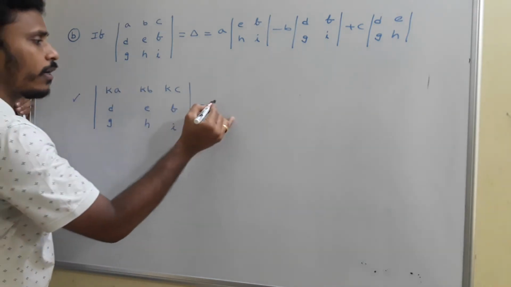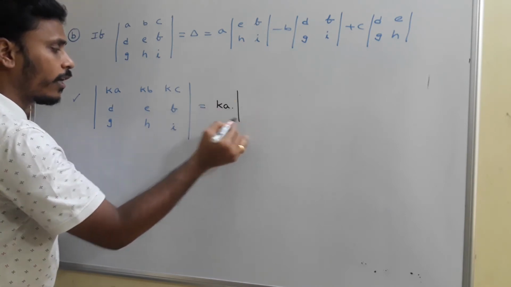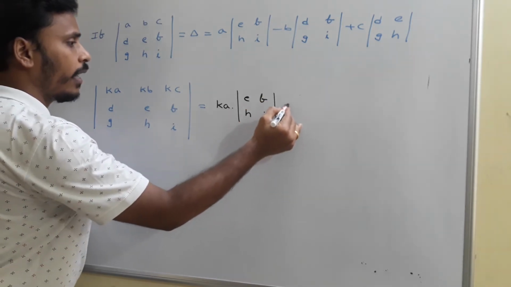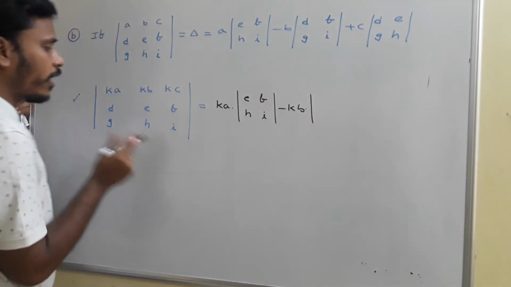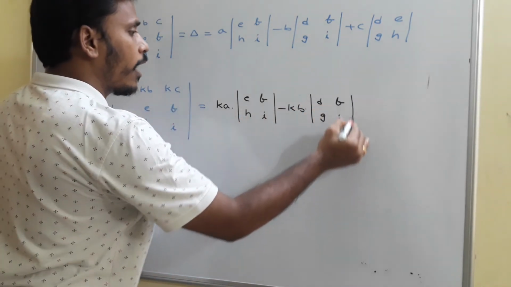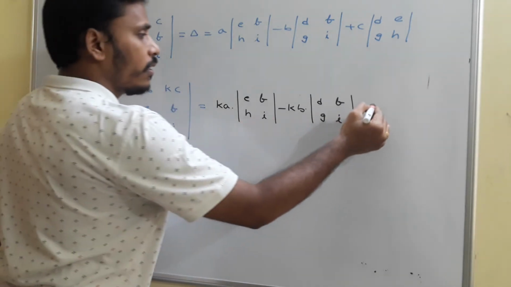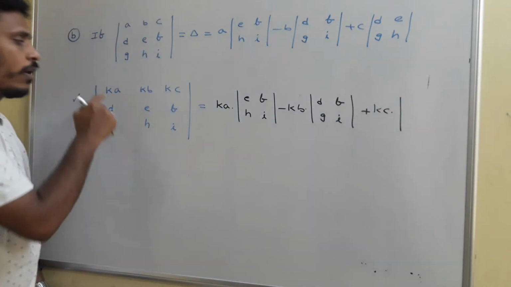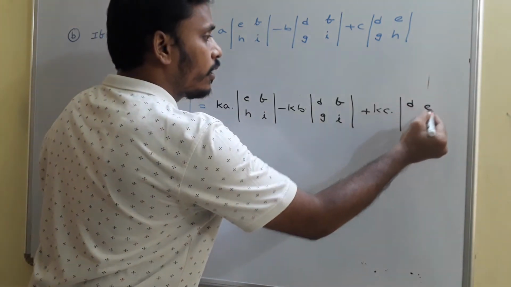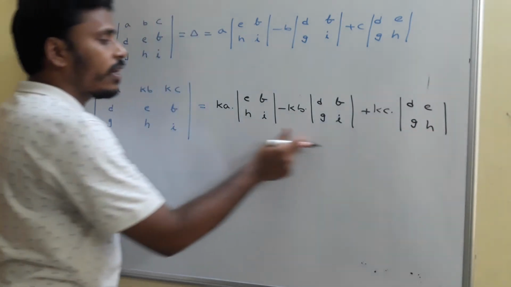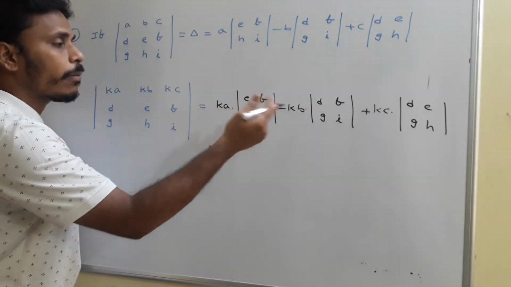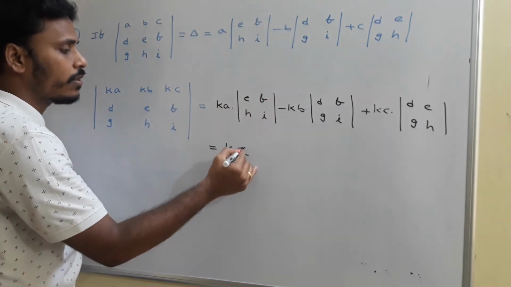Again the first element KA into the determinant of the remaining four elements, E, F, H, I, minus KB into the determinant of the remaining four elements, D, F, G, I, and plus the third one, KC into the determinant of, leave that row and leave that column, pay attention to the remaining four elements, D, E, G, H. And at the end there is a chance to common out K from these three terms. If you common out K, the remaining expression is simply the above one, which is delta.